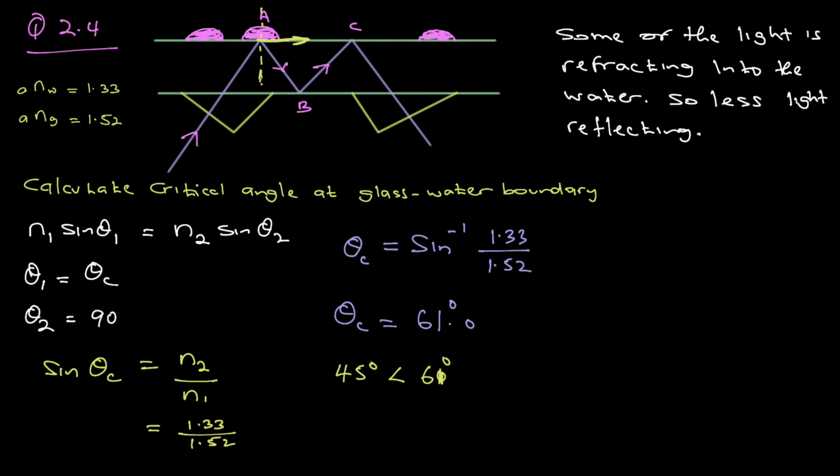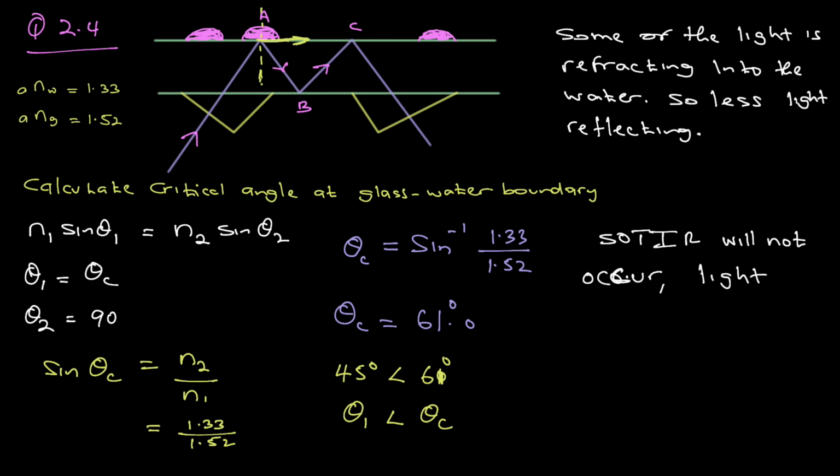As a result, theta 1 is less than the critical angle, so total internal reflection will not occur, because some light will refract out into the water. It should be 61 degrees, but it's 45, so it won't go that way; it will refract into the water.